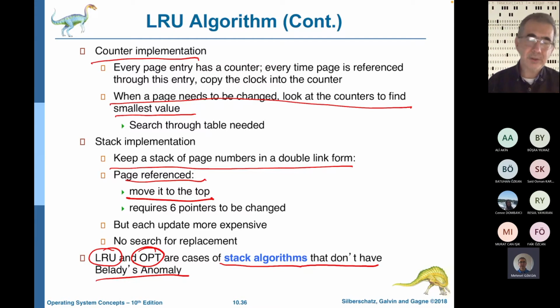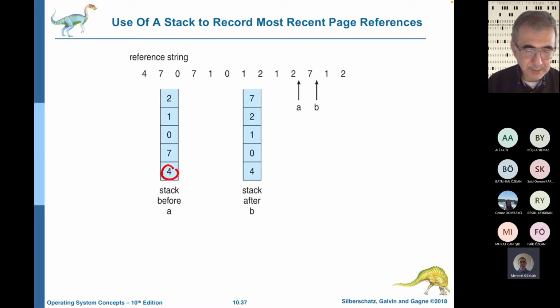This is the stack algorithm for finding referencing. So for example, 4 is referenced, then 7 is referenced, and 0 is referenced, and 7 is referenced.